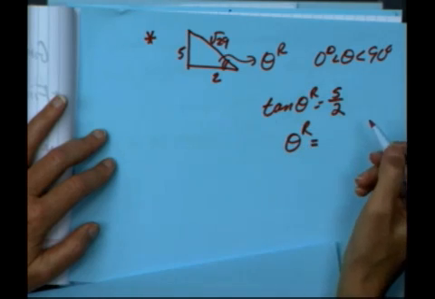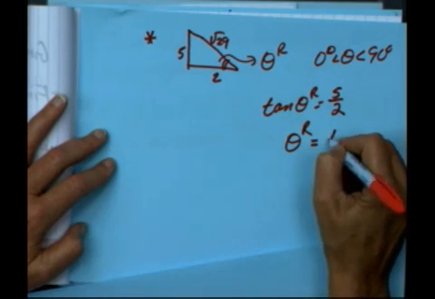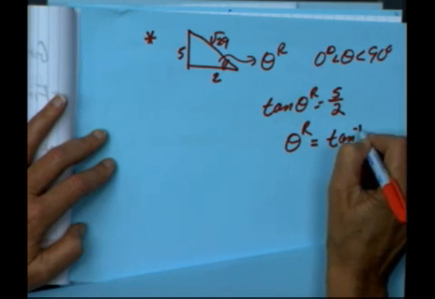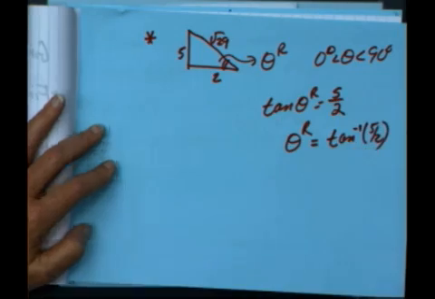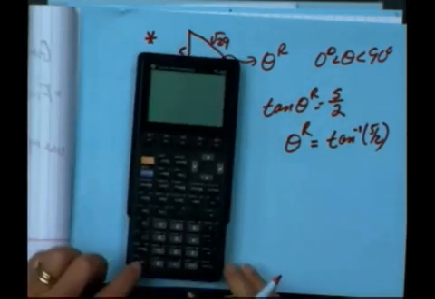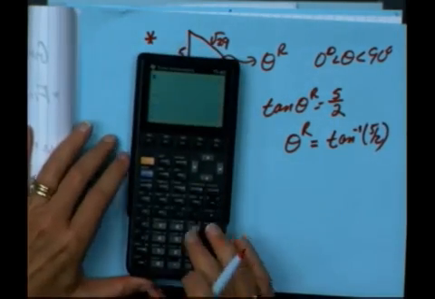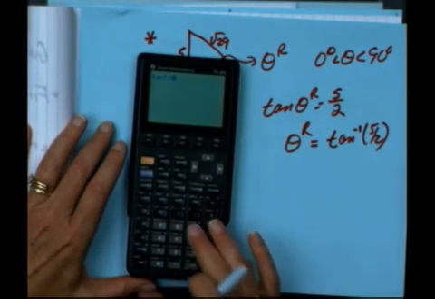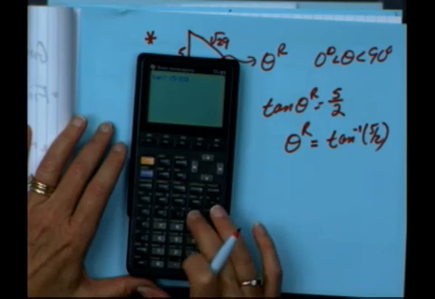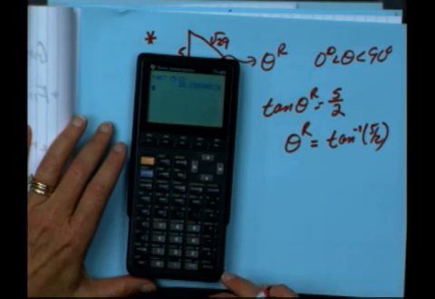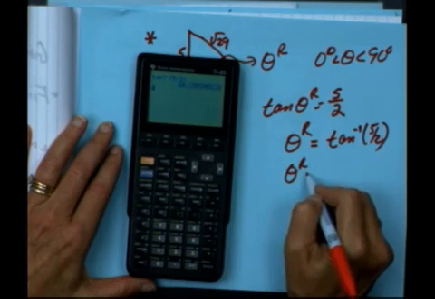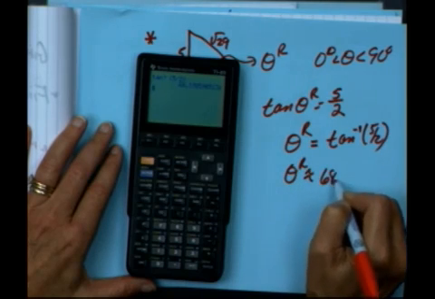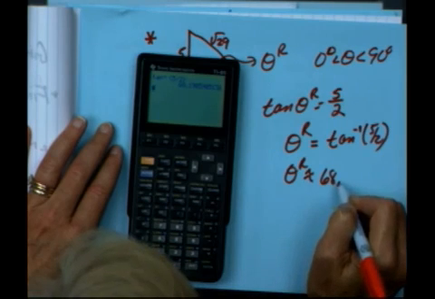And as soon as you hear what is the angle, everybody's thinking inverse tangent 5/2. Okay, make sure you're in degree mode. Inverse tangent, parentheses, 5 divided by 2. And theta reference is approximately equal to 68.2.